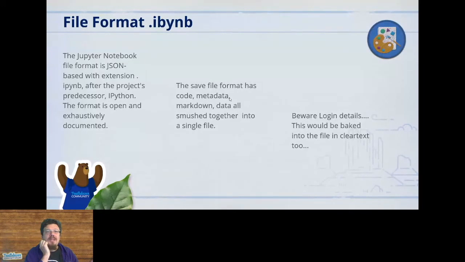So we need to be careful when we're saving and sharing this, because we may accidentally share login details. We may share the actual data, because Jupyter Notebook can display output to screen, like debug output. So we might show that the prospect email is this, and that gets saved into the data file, or the code file, which is unusual. We just have to be aware that this is a possibility.